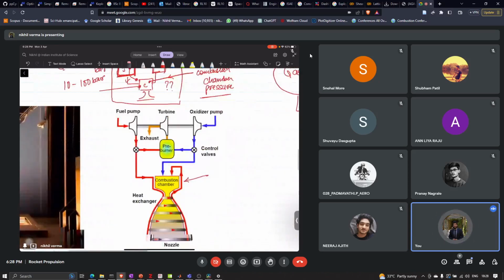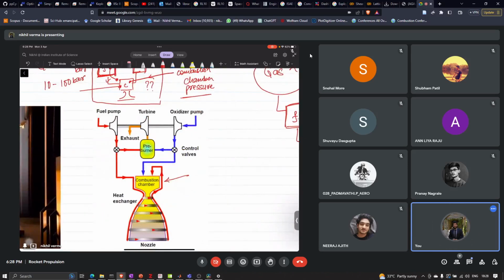In a gas generator cycle we have the tanks. Say we have kerosene and liquid oxygen. Kerosene, the fuel, is shown in red and the oxidizer is shown in blue.